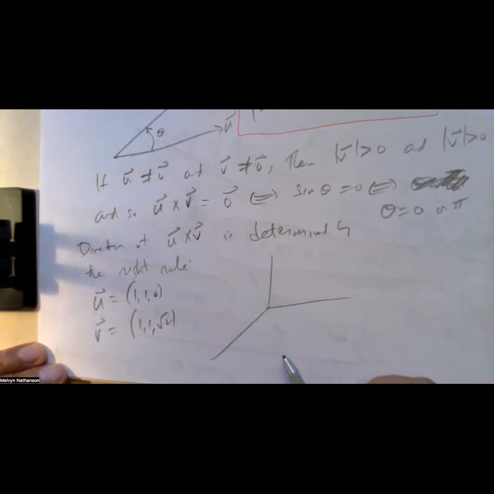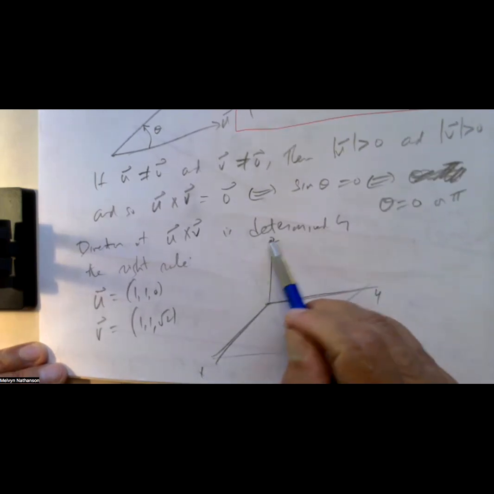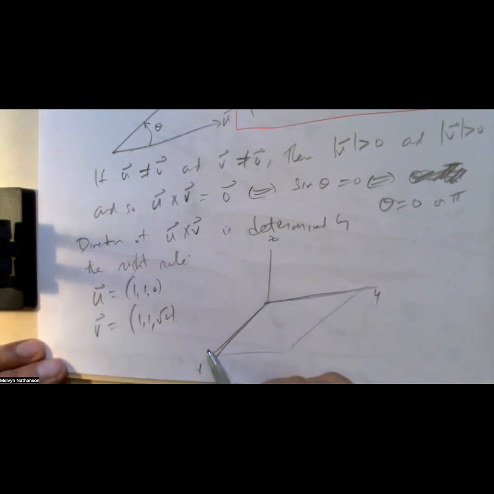So I am very bad at drawing pictures. But if these are the x, y, and z axes, the point 1, 1, 0 is here.